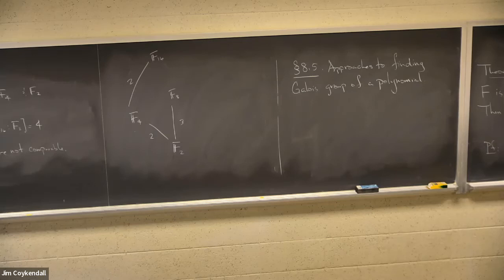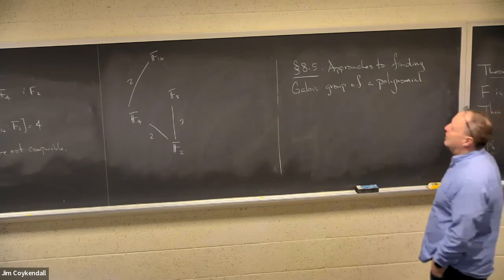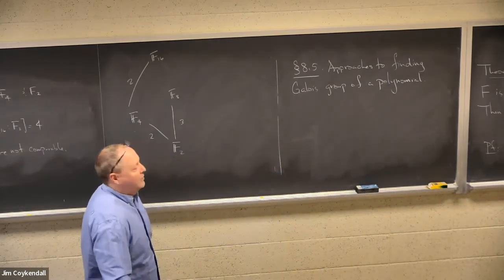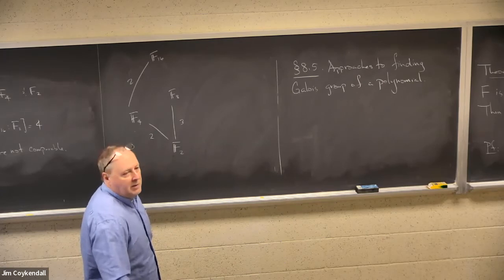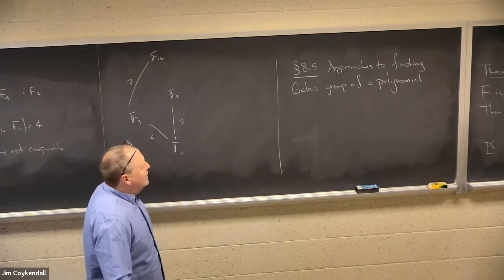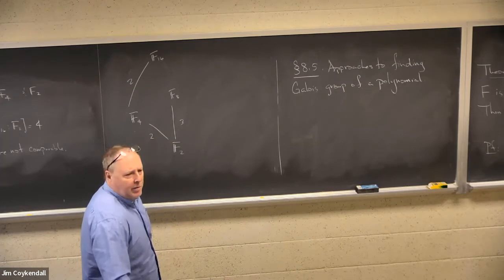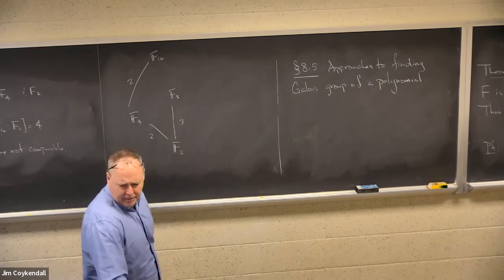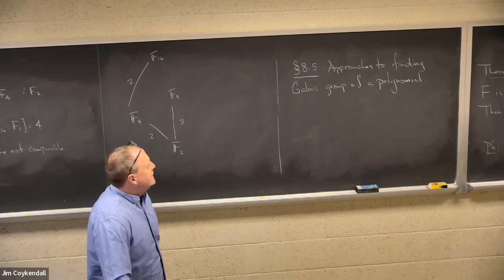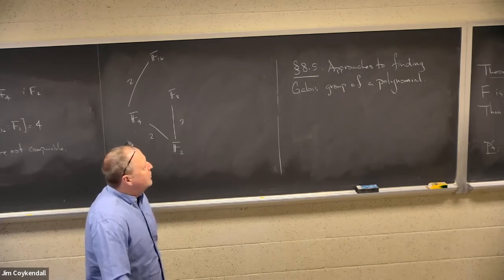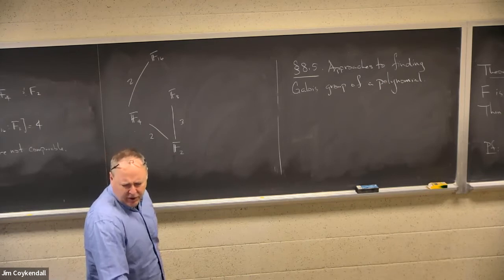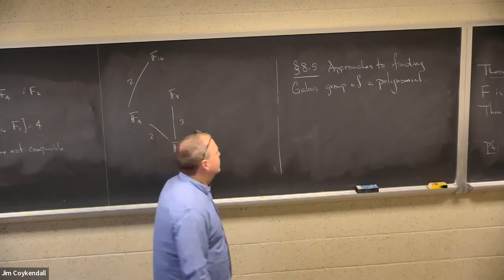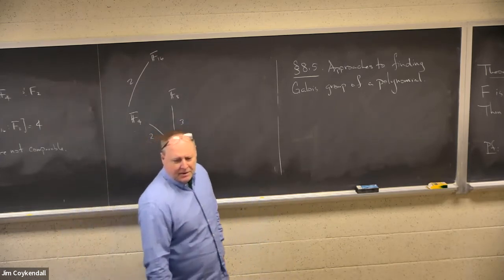I want to tell you the main tools in my own little toolbox, other than getting on some software and typing it in. How would you do this, assuming that, you know, somebody just set off an EMP and we couldn't do all that stuff? I'm going to usually do Galois groups over Q, which will be specific to the first bit, but you can generalize it for later stuff. This will mostly be small degree stuff, but I'm going to give you a general result that allows you to do things, and I'll show you kind of a trick that allows you to narrow down things. And I'll give you kind of a popular story.